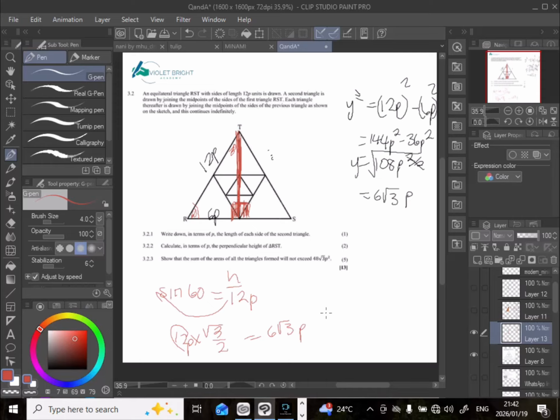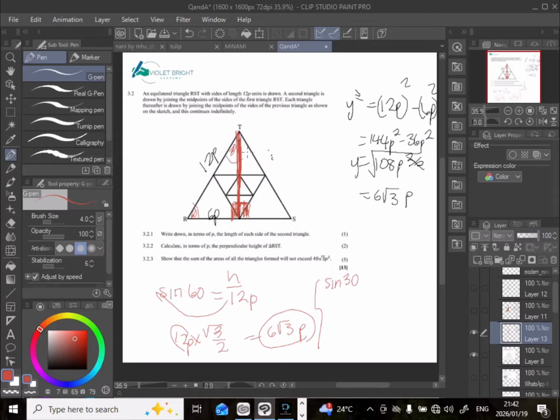Easy as that. Remember, whether you used sine 30 or sine 60, it will just take you back to the same answer, which is this one. Let's just test using sine 30 how the answer would have been.